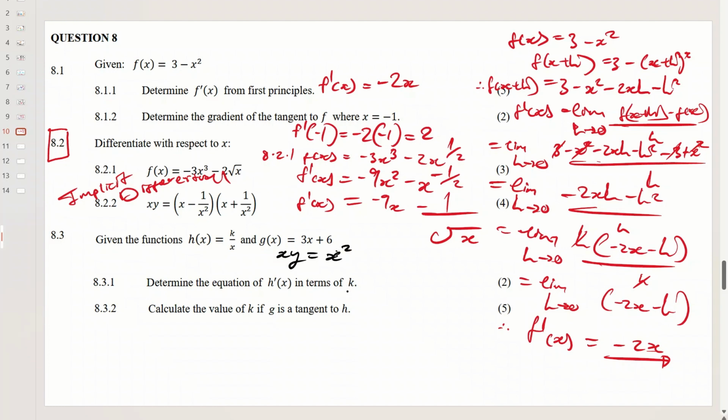We have x, and then minus x minus 2 times x, and then times this by 2.